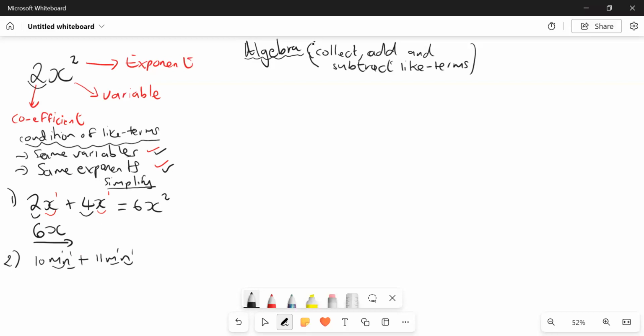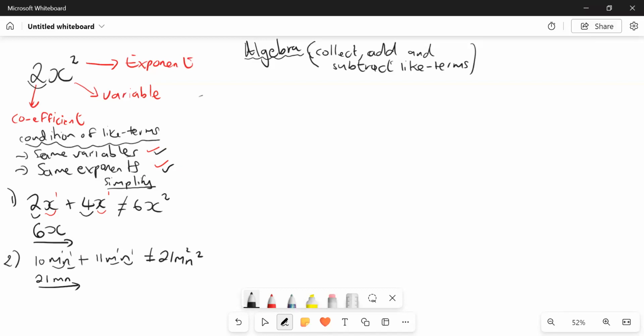We have 10 plus 11, which gives us 21. Which common variable are we dealing with? We're dealing with mn. So you need to write mn in your final answer, right? You can't say this equals 21mn squared. Do not do that, please, guys. These are common mistakes. Don't do that, right?